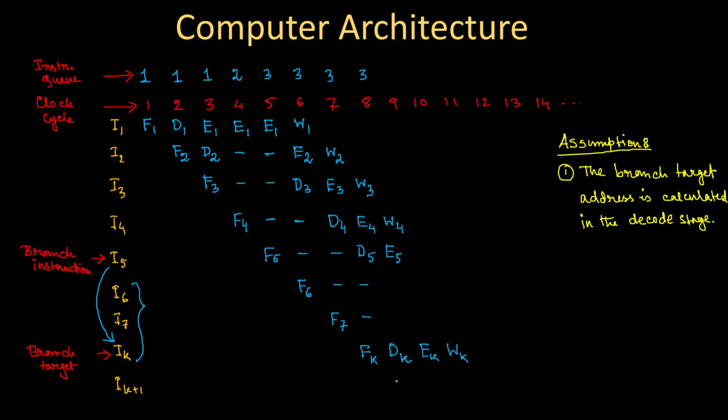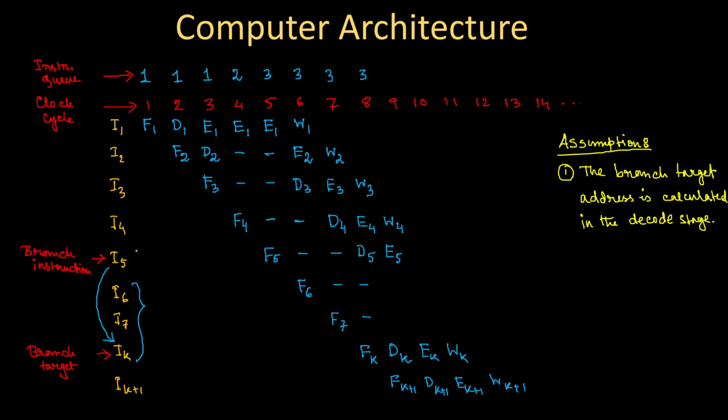And similarly for the next instruction, if I assume there is no such dependency between instruction K and instruction K plus 1, it will continue something like this, right? Now you see what benefit we will get in this situation.